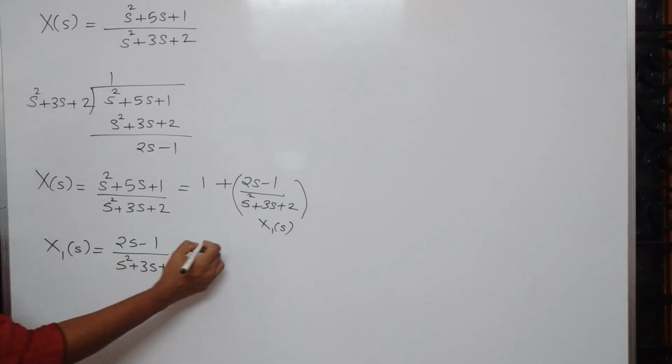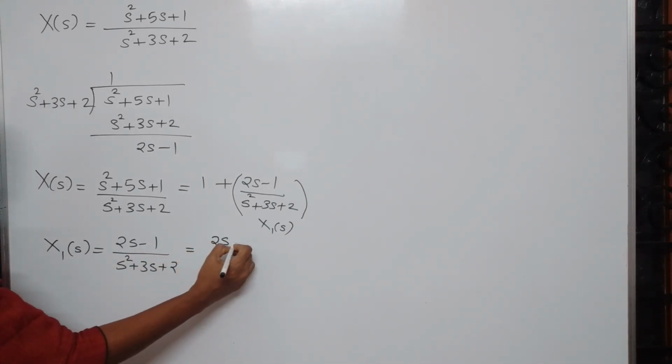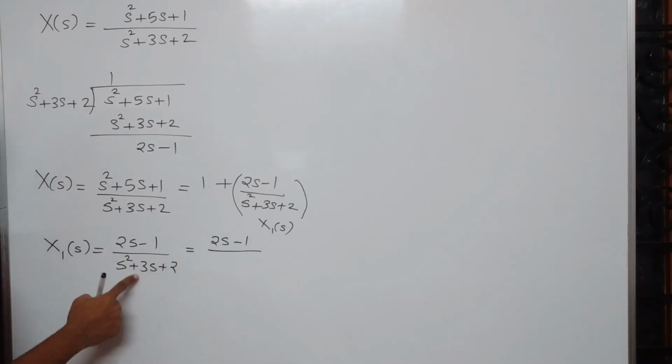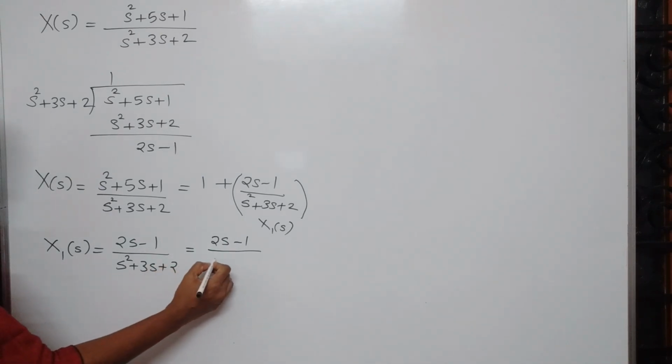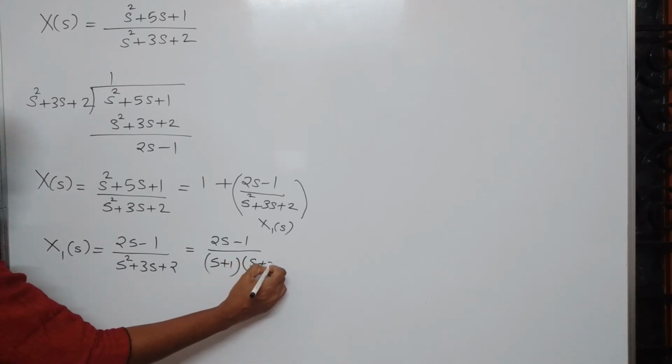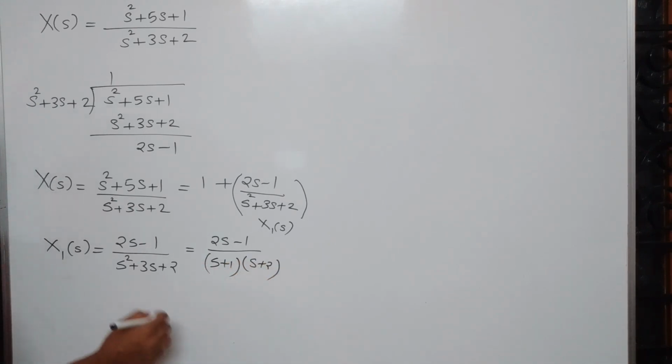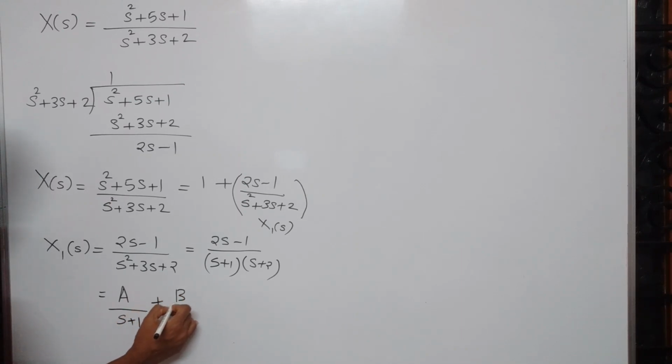This is equal to 2s minus 1 by, product should be 2 and sum should be 3, so it should be s plus 1 into s plus 2, which can be written as a by s plus 1 plus b by s plus 2.